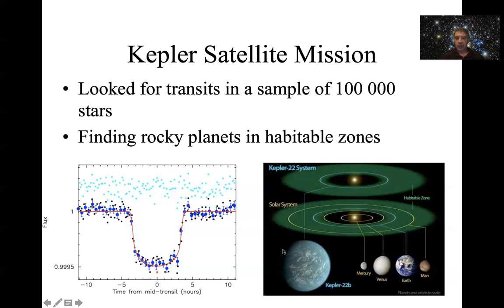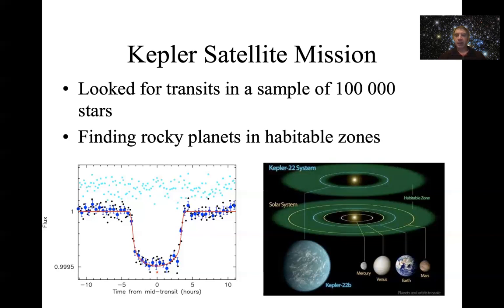It's a planet that's somewhat bigger than the Earth, a couple of times bigger. But it's also in what is referred to as the habitable zone of a star. A habitable zone for a planet is described as the range of distances away from the star where liquid water could exist on the surface of the planet under certain assumptions.